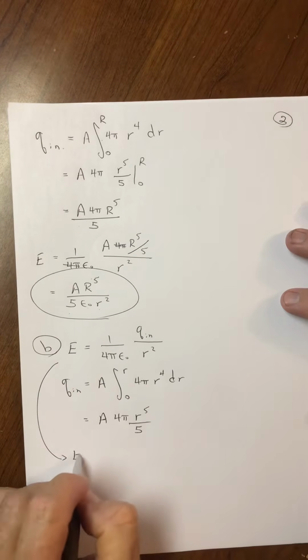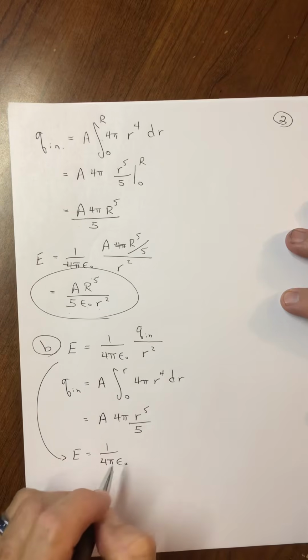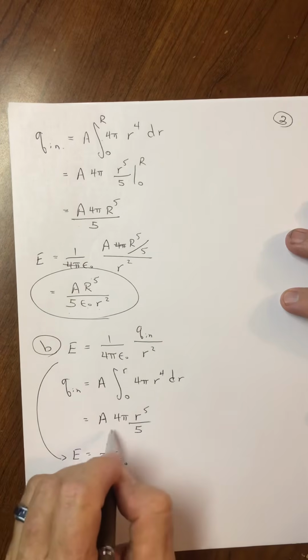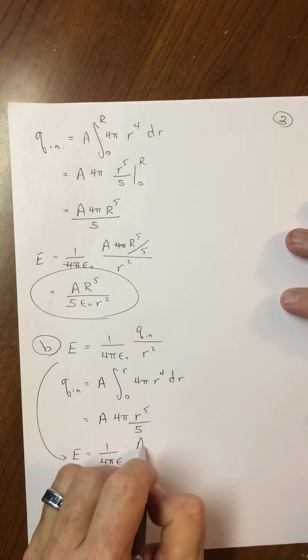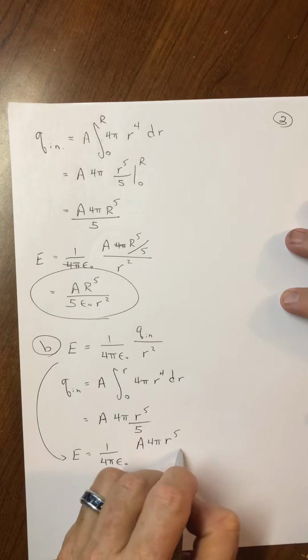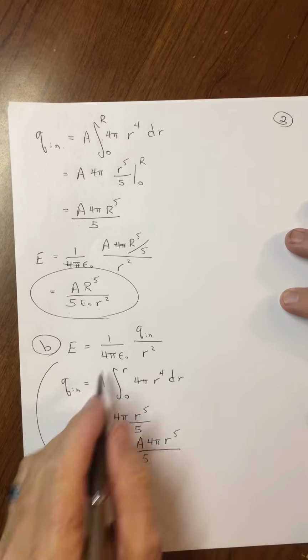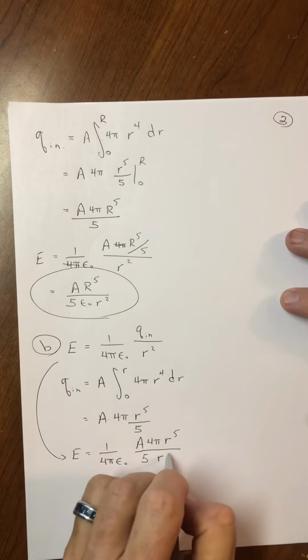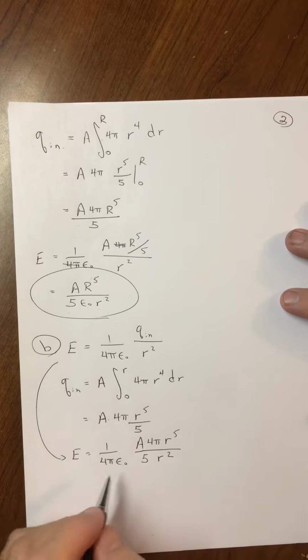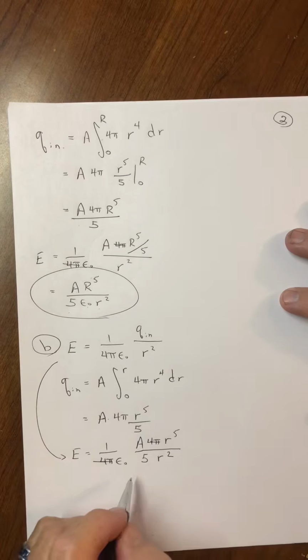So when we put that together with the 1 over 4 pi epsilon naught, and we put the charge inside, which is A 4 pi r to the 5th over this 5, and then divided by the r squared, we'll see that the 4 pi's, like up here, cancel off.